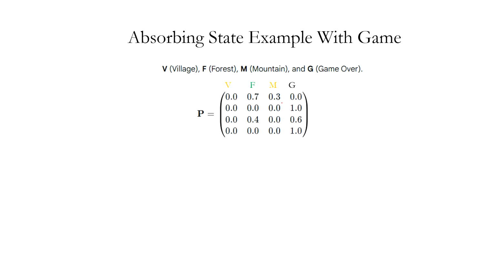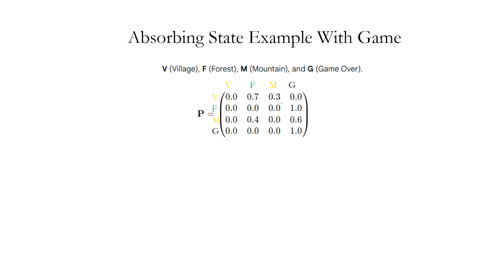And of course, we've got this transition matrix, right? Where we have from V to V, V to F is 0.7, V to M is 0.3, and so forth, right? So these entries we're going from board to board, okay? Or you could just stay in the same board, right?